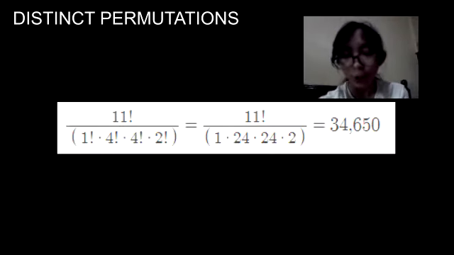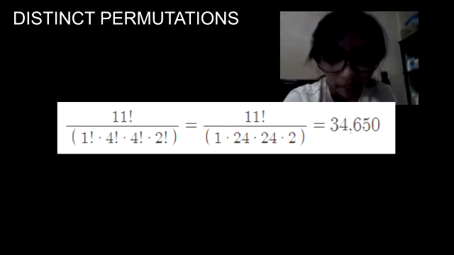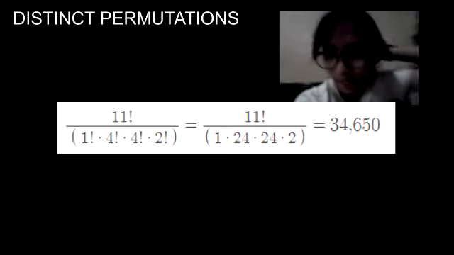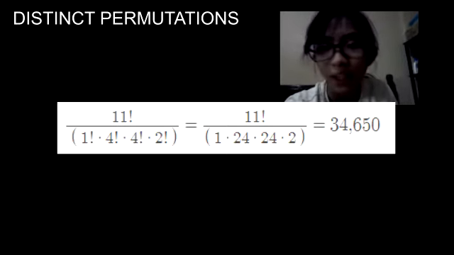Okay, so let's be sure that we put parentheses around the denominator so that we end up dividing by each of the factorials. So in total, there are 34,650 distinguishable permutations in the word Mississippi.